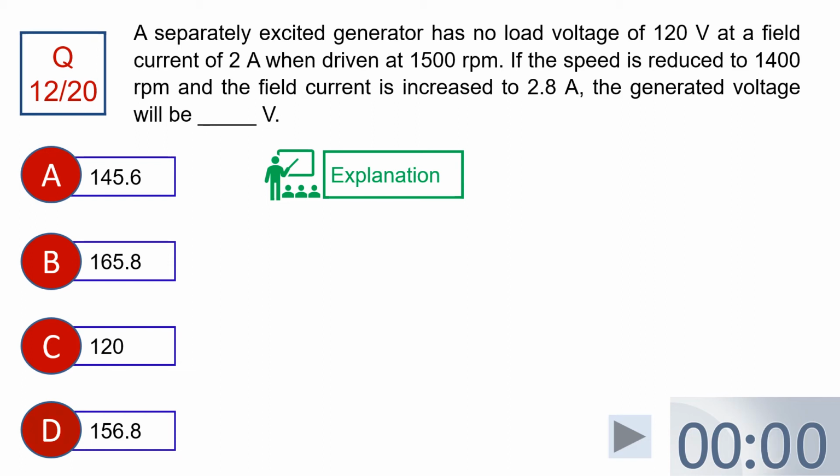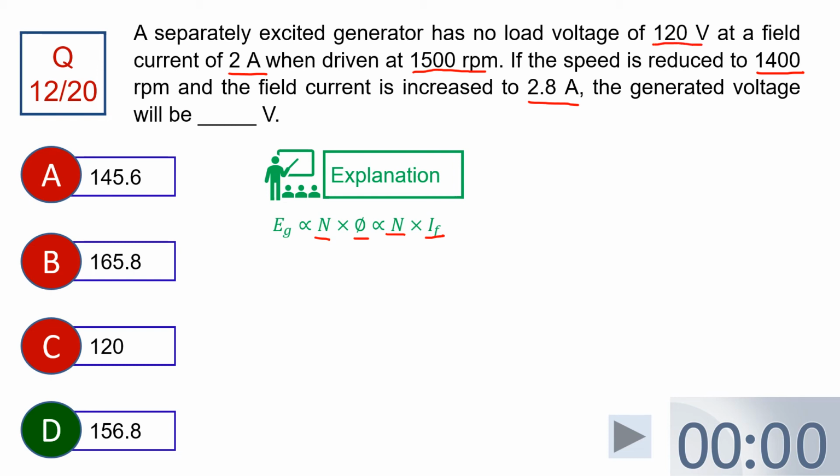Correct answer is option D. You know that in DC generator, generated EMF Eg depends on speed n and flux phi. But flux phi depends on field current If, and therefore Eg is proportional to n into If. Now in this case, speed is changed from 1500 rpm to 1400 rpm, whereas the field current is changed from 2 ampere to 2.8 ampere, and when the speed is 1500, Eg is equal to 120 volt.